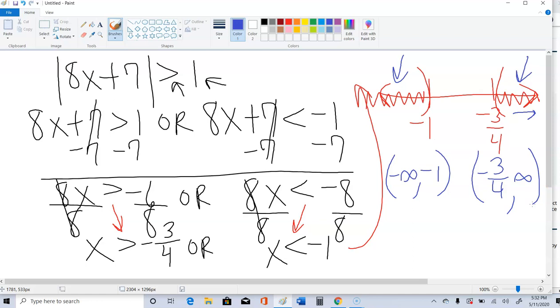And because we have the keyword or, we have to include both intervals in our final answer. To do that, just put a U in the middle, and that will include both of them together, a union.